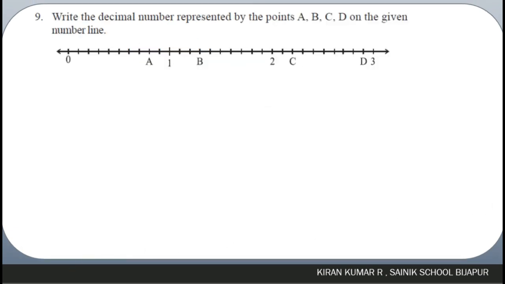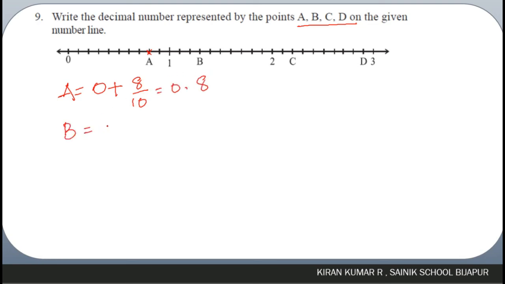Question number 9. Write the decimal number represented by the points A, B, C, D on the given number line. Here observe, between 0 and 1 there are 10 equal parts, and A is at the 8th part. So A is representing 0 plus 8 upon 10, which is 0.8.